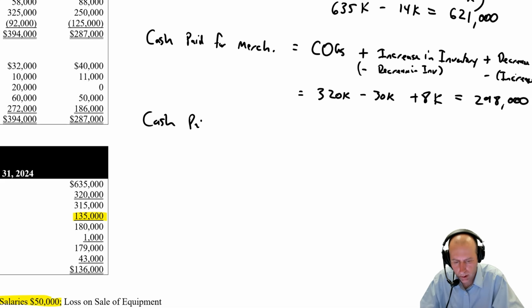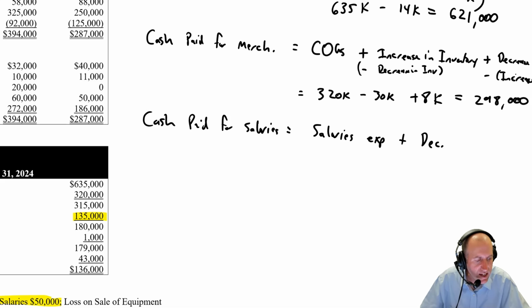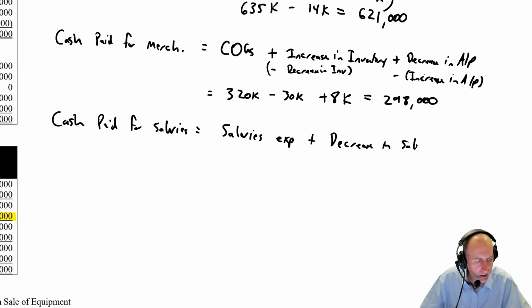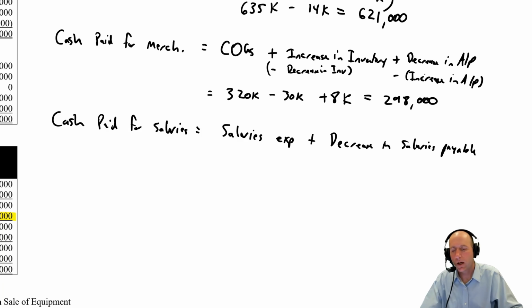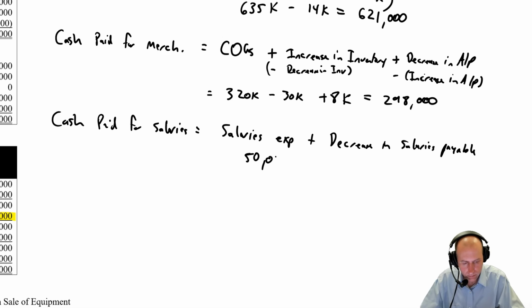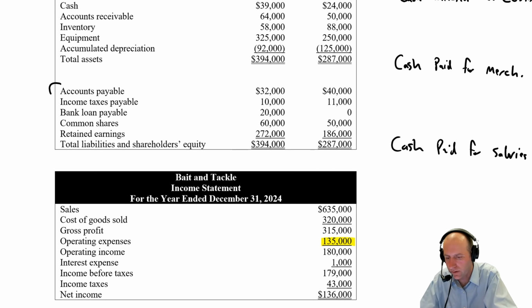Cash paid for salaries is salaries expense plus decrease in salaries payable, or wages payable here. So our company's salaries expense was 50. Our decrease in salaries payable, let's see under liabilities, I'm looking for salaries payable. We didn't have any salaries payable.